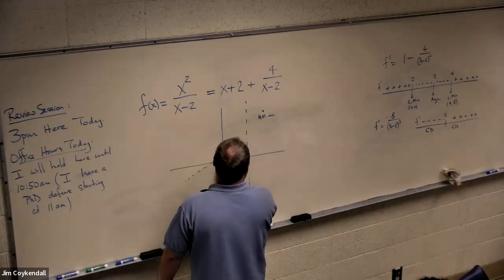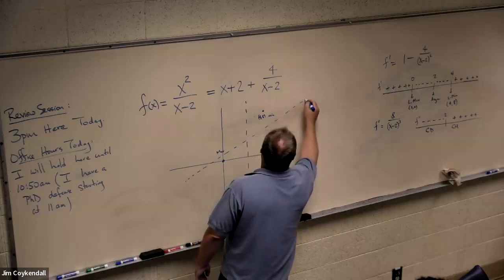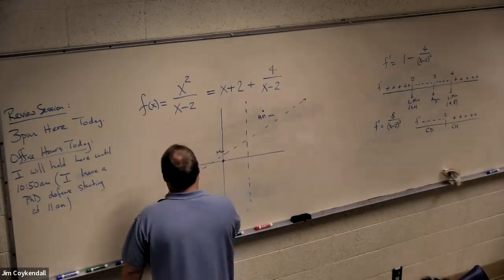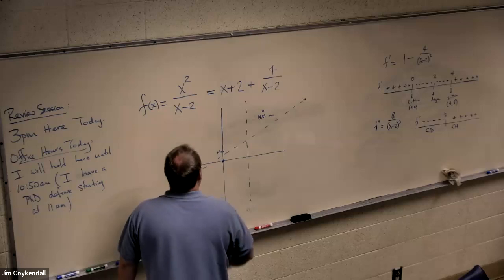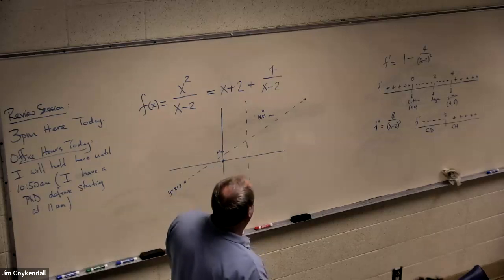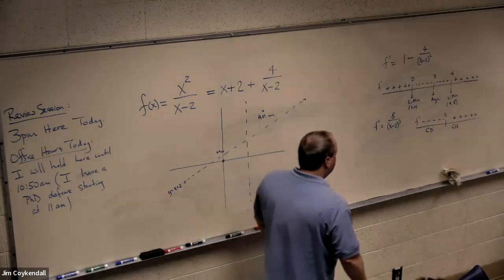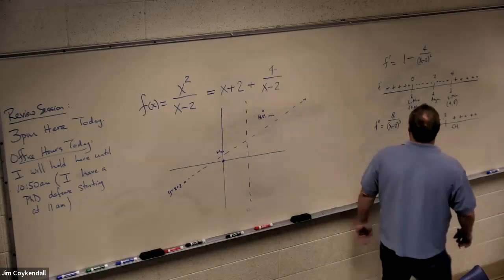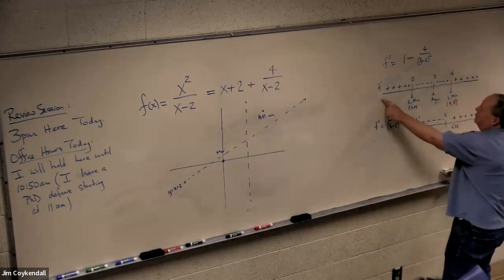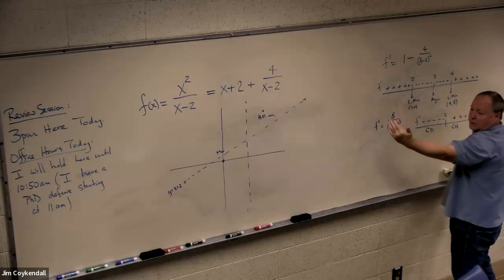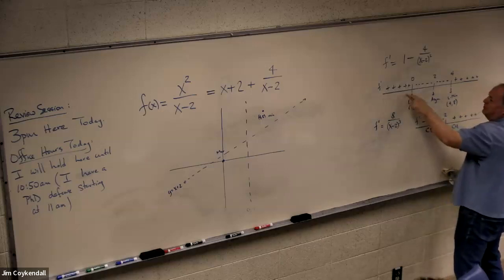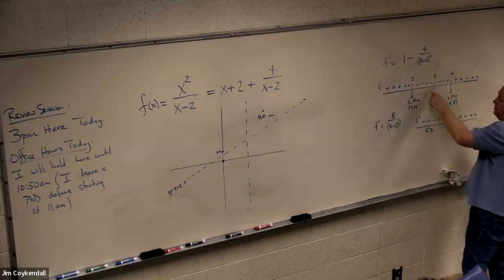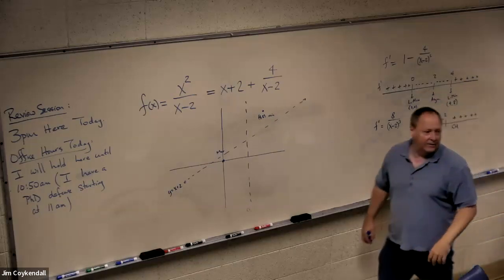So I'm going to call this line x plus 2. Now, what happens to this function? On the left side of the asymptote, this increases, hits that local max and decreases, all the while staying concave down.